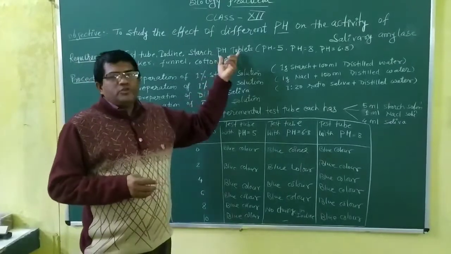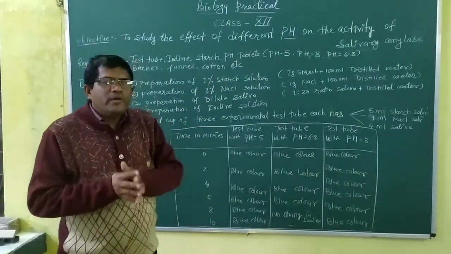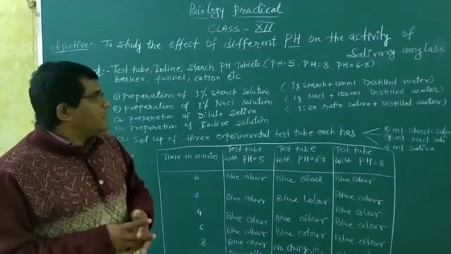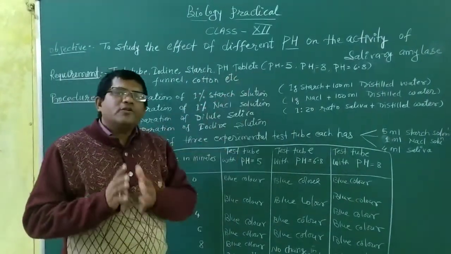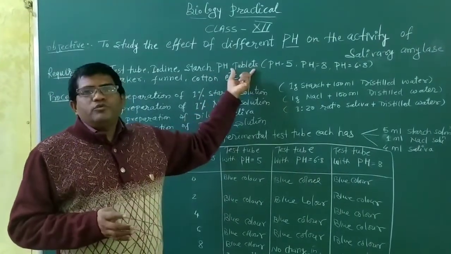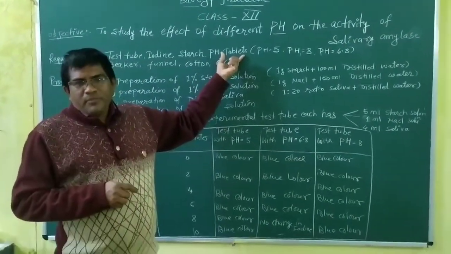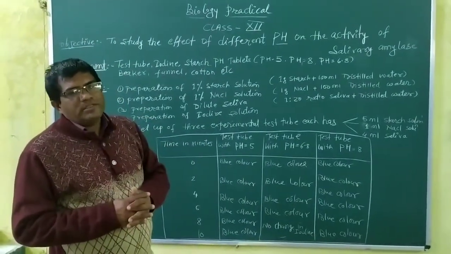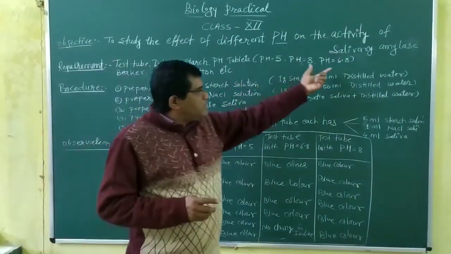But we must ensure some pH tablets are acidic and some basic. Or if pH tablets are not available, then some acid is used as the acidic medium and some base as the alkaline or basic medium, and pH 6.8.